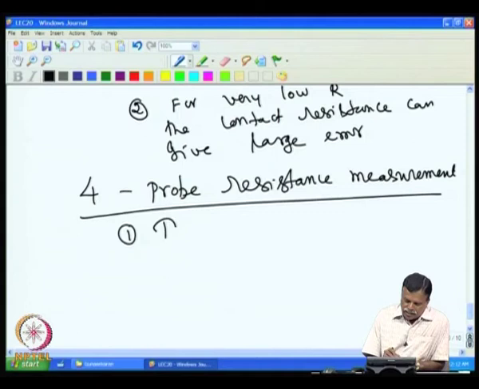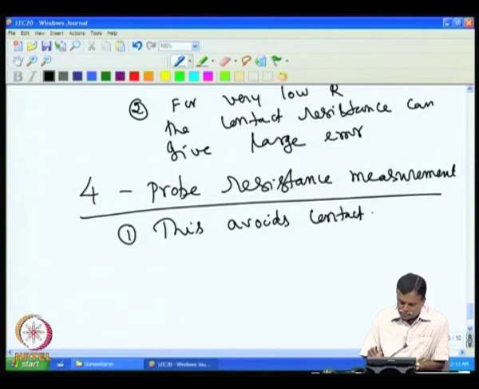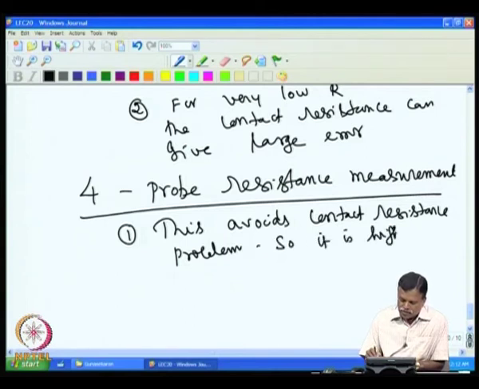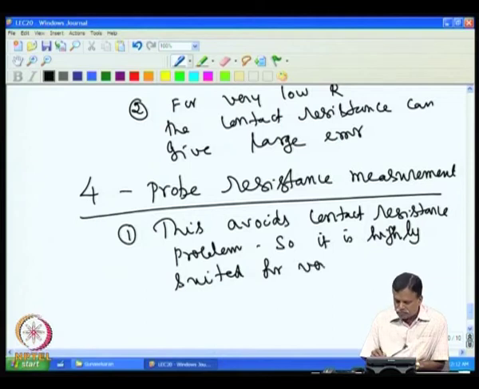This avoids basically the contact resistance problem, so it is highly suited for very low resistance measurement.